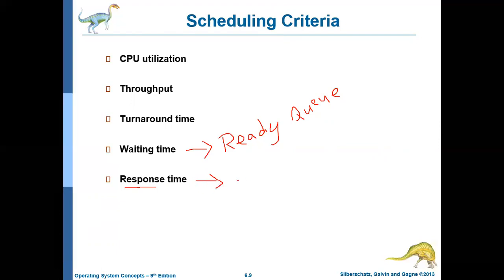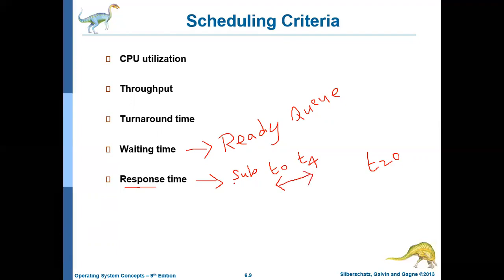Say a particular process you are submitting at time t0 for execution. Say it completes at time t20, but it gives the first response at time t4. The time duration between t0 and t4 is what is called response time.